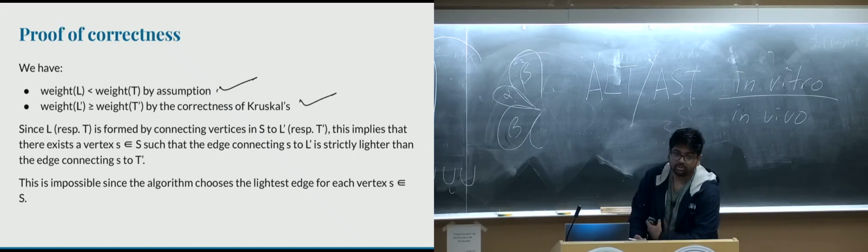And that's not possible, because in our algorithm we were connecting only those edges which were the lowest possible edge, right? So the strictly-less-than property won't hold true, and that's a contradiction in itself. So what we said is not possible. There cannot be any L which is giving you a better solution than T. At best it will be equal to your T. Does that make sense?